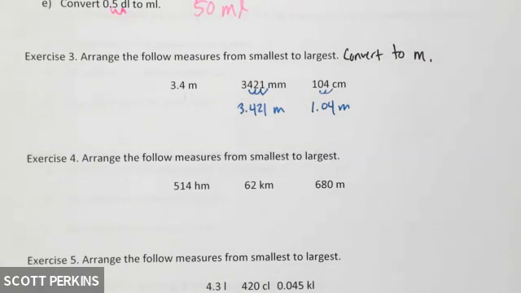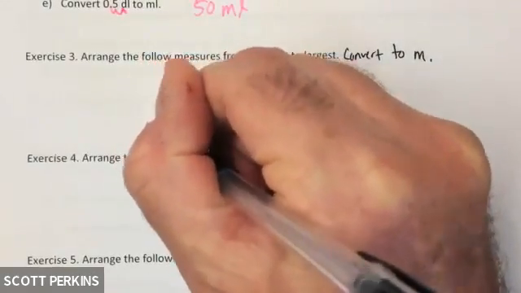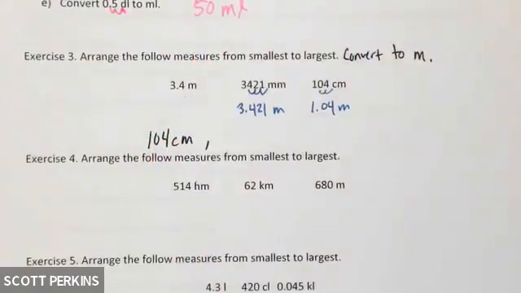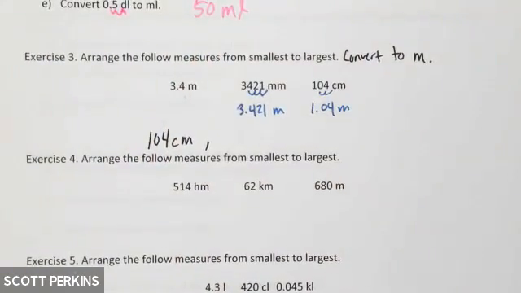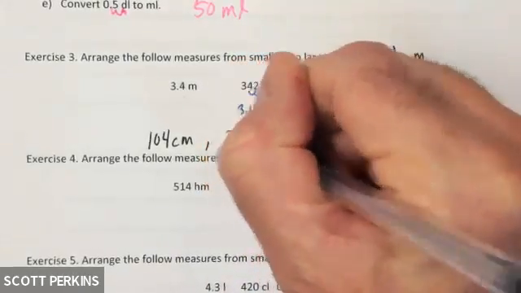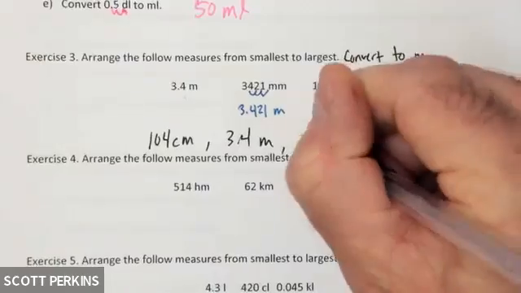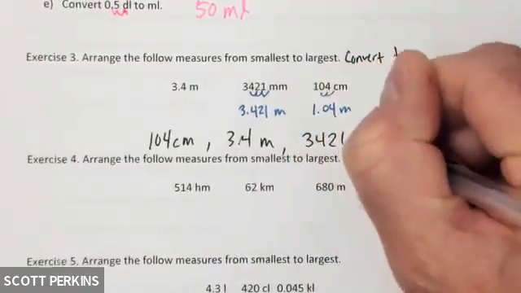So the original question was, let's write these from smallest to largest. Which one of the original 3 was the smallest measurement? Yep, the 104 centimeters was the smallest. Which one comes next? 3.4 meters. And then the last one is going to be the 3,421 millimeters.